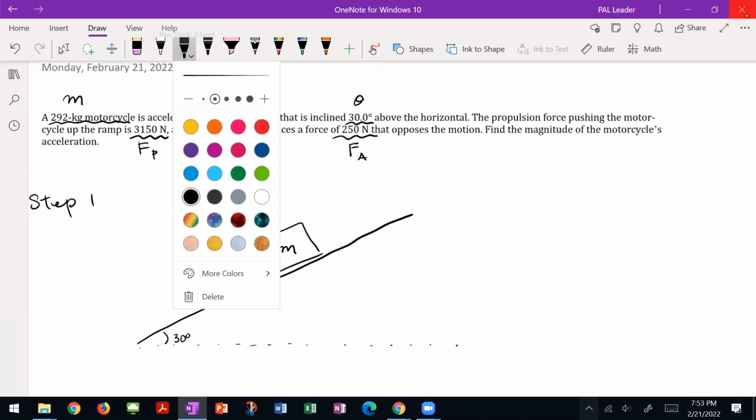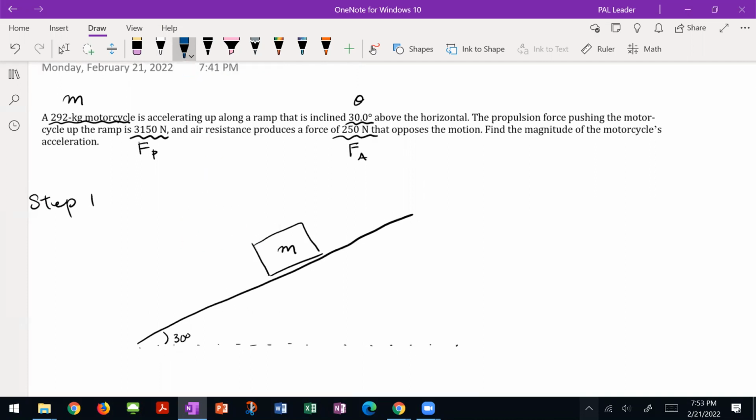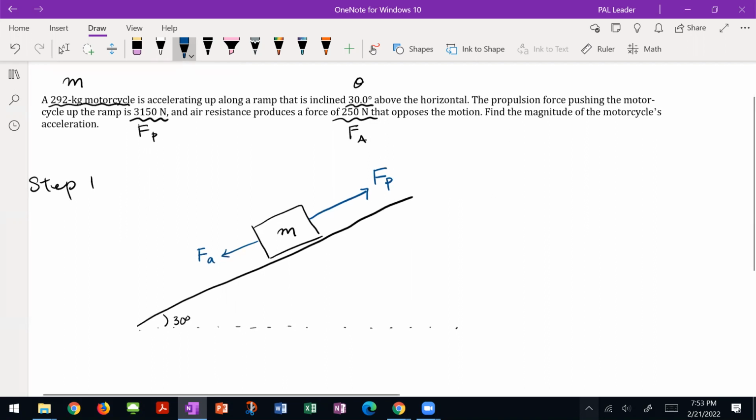So now we're talking about our forces. I want to write our forces in a different color so it's easier to distinguish in our picture. We have our propulsion force that's pushing us up, FP. But we also have air resistance, FA. Those are the obvious forces. Now we have to think about the forces that are there but are not told to us.